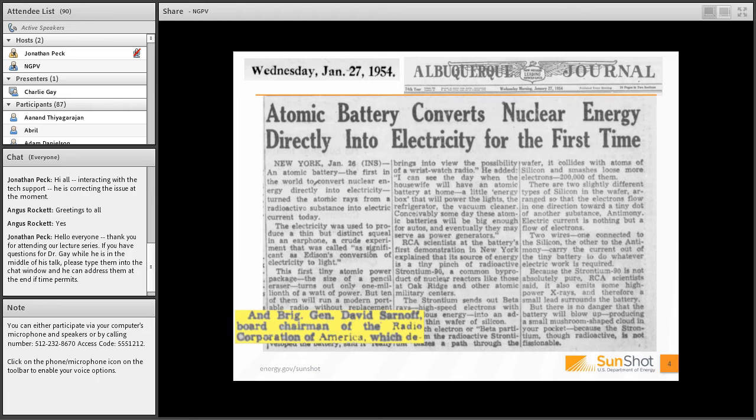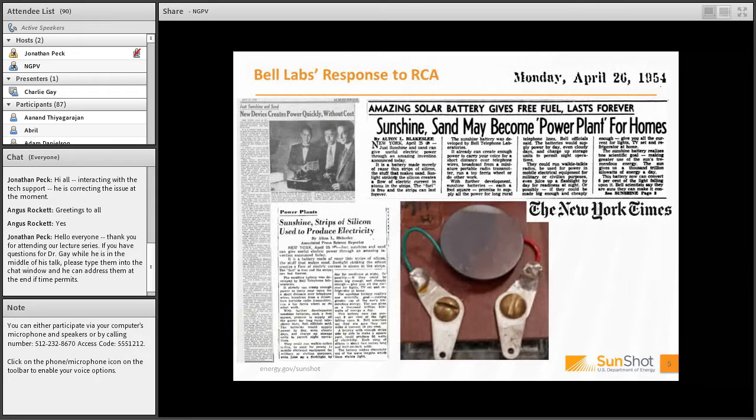And that sparked the interest. On the next page, you'll see an excerpt from Bell Labs' response, which included publishing in the New York Times in April of that year.